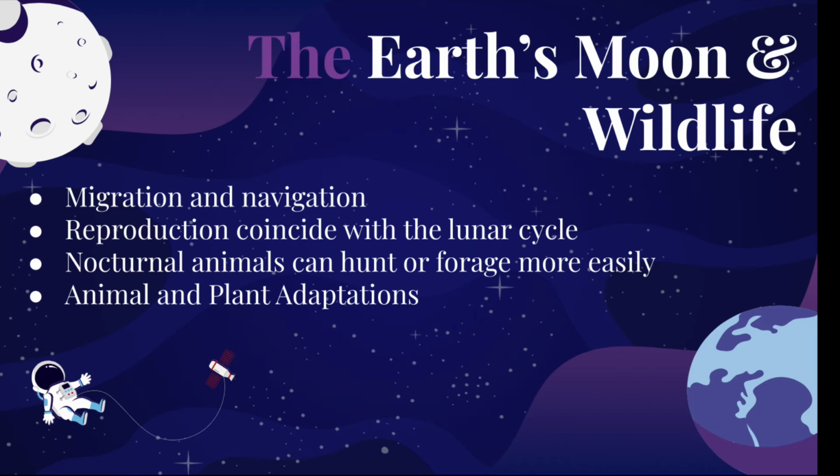Nocturnal animals can hunt or forage more easily, and many animal and plant adaptations. For example, coastal habitats, especially with high tides, influence animal and plant adaptations to some of the most unpredictable and extreme places on Earth.